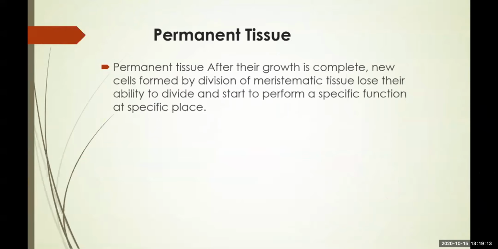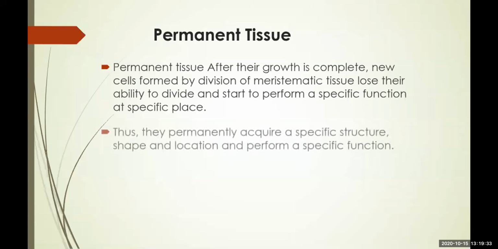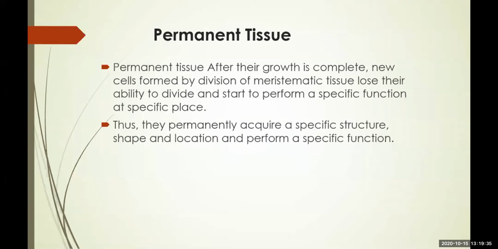Talking about permanent tissues, these are the tissues in which the cells lose their capacity to divide, as we see in the meristematic tissue. They acquire a particular shape and size and perform specific function in a specific place.